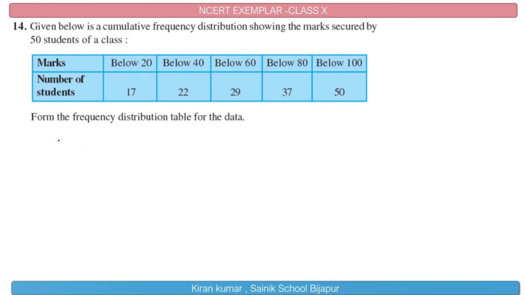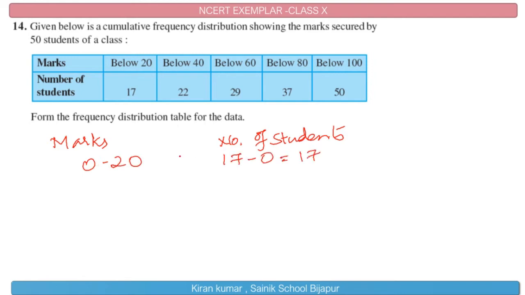So marks I'll write as a class interval, and the number of frequencies is the number of students. The class interval 0 to 20, it is 17 minus 0, which is 17.